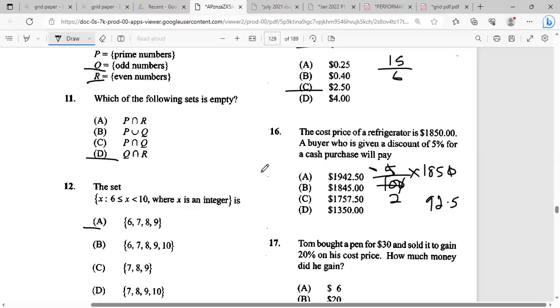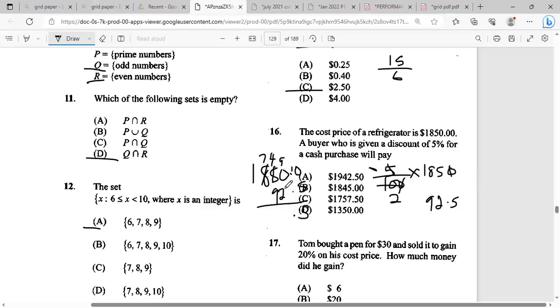All right, so 1,850. Then you have 92.5. Right, from this you can't, so we'll go all the way over here. So I'll take 1. 5 leaves 4, right? 9, so this I have to leave 5 point.